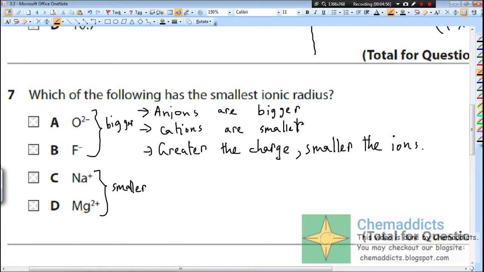That's why these positively charged ions would be smaller, and negatively charged ions would be bigger.